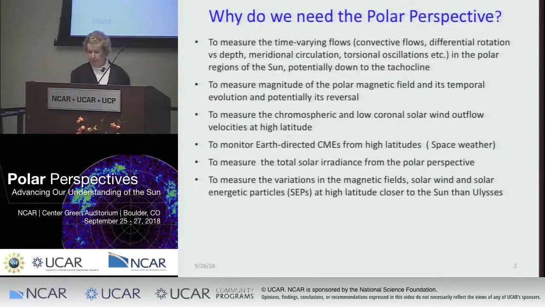Vic talked about that a lot, and for space weather purposes and whatnot. And also look at the total solar irradiance from the polar perspective, as was discussed also. And, of course, measure the variations in the magnetic field, the solar wind, the energetic particles, and all of that at high latitude, closer to the sun than Ulysses.